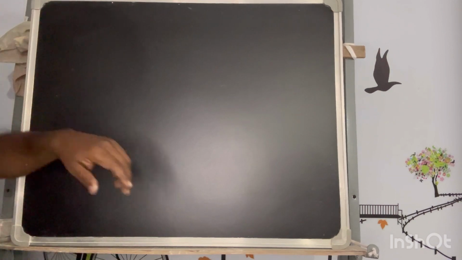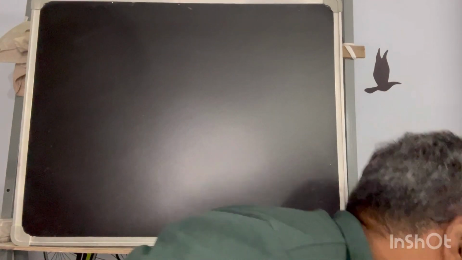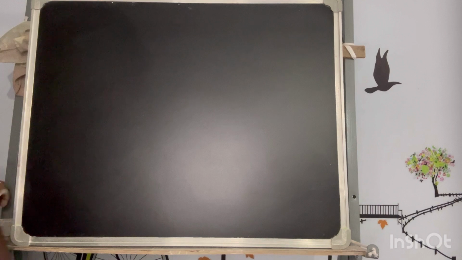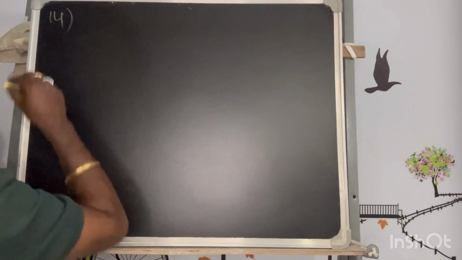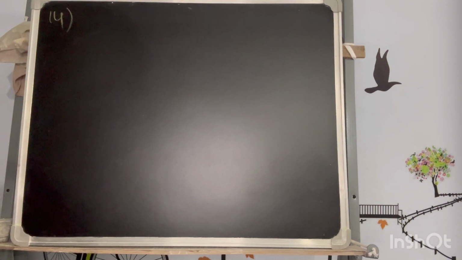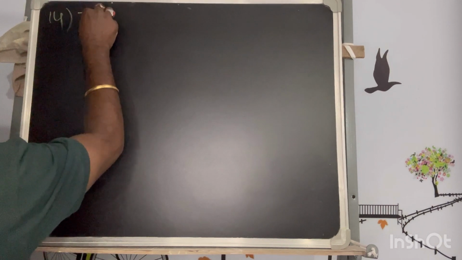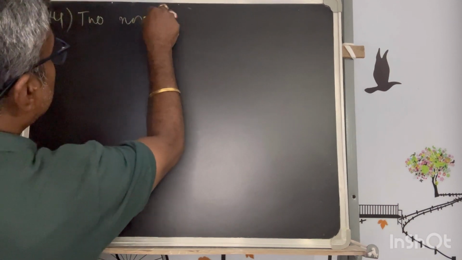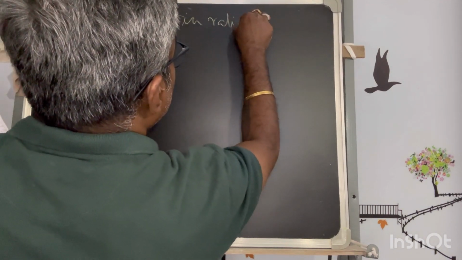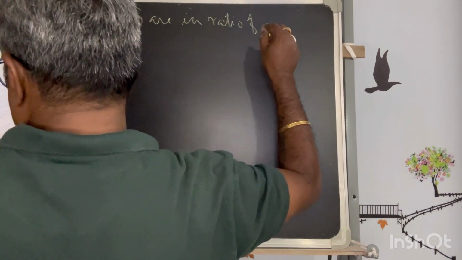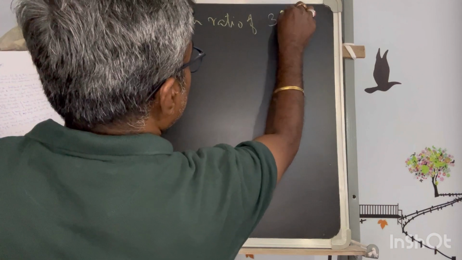So this is 13 gone. The next problem will be 14. Two numbers are in the ratio of 3:5.